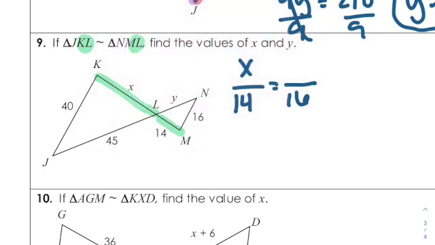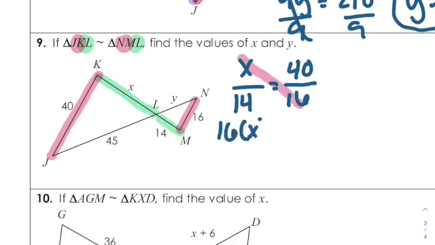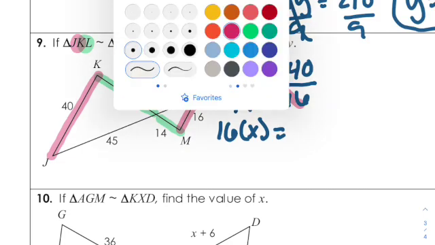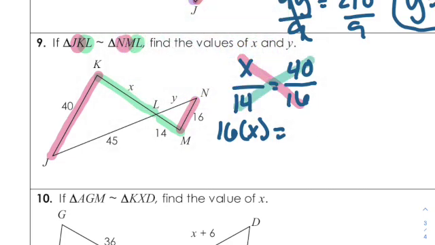So 16 is from NM, which is the first two letters. Well, the first two letters over here is JK. Okay, so it should be 40 over 16. And we do a cross product property, so x times 16, or 16 times x equals, and then 14 times 40.